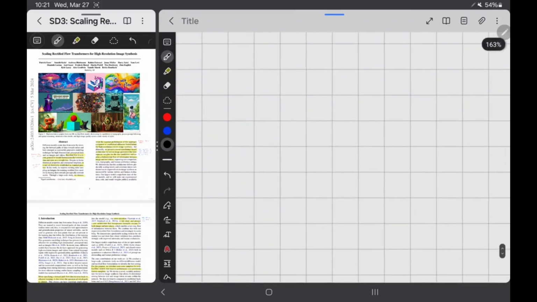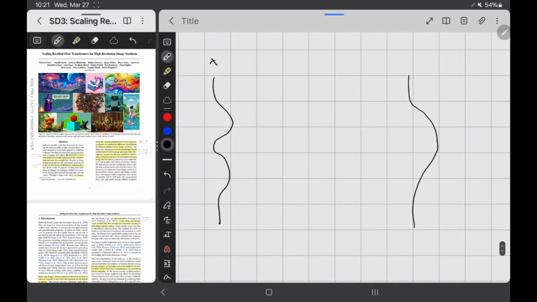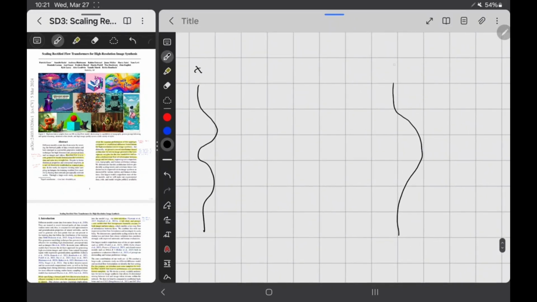The idea behind that is you can use an SDE to go from your data distribution to some noise distribution. I don't have the picture on me right now, but essentially you can think of it like this. You have your data distribution X, and you have your noise distribution, which will be our Gaussian.